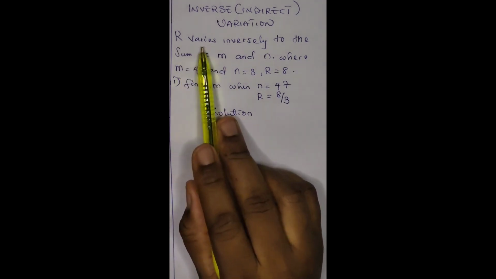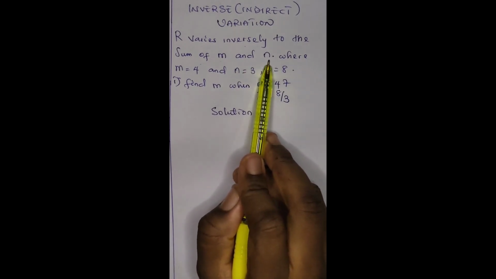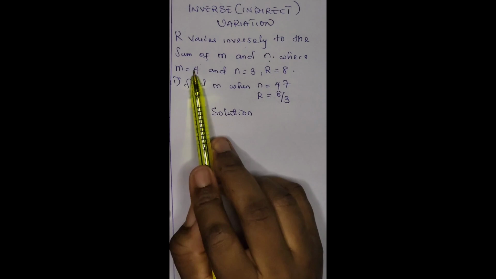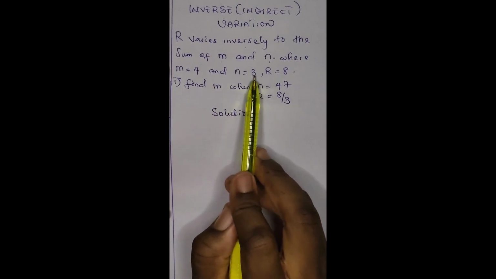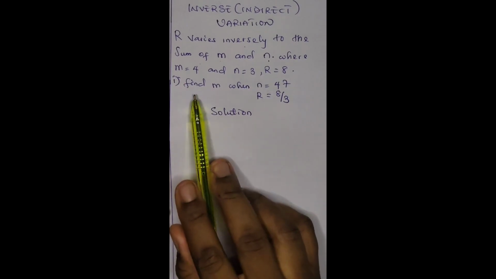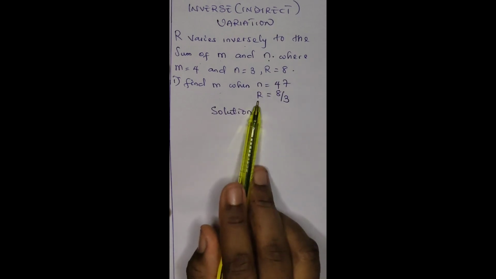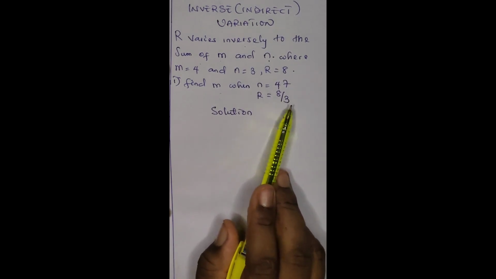So we have r varies inversely to the sum of m and n, where m equal to 4 and n equal to 3 and r equal to 8. We are asked to find the value of m when n is equal to 47 and r is equal to 8 over 3.